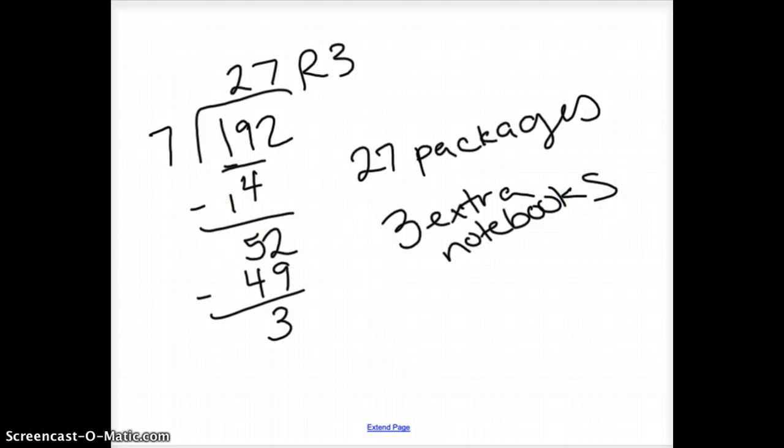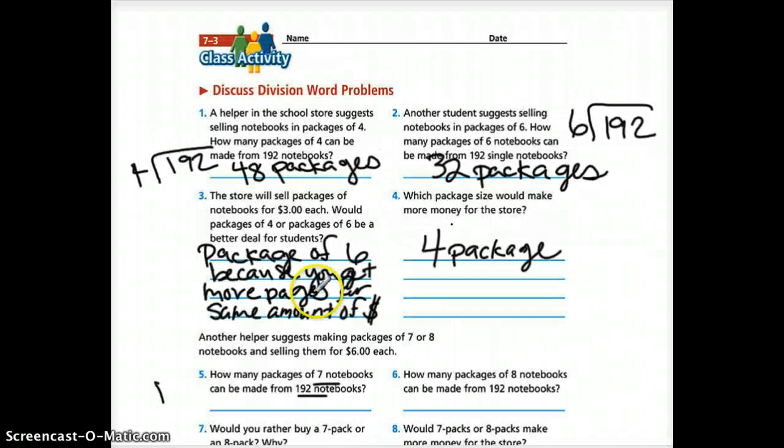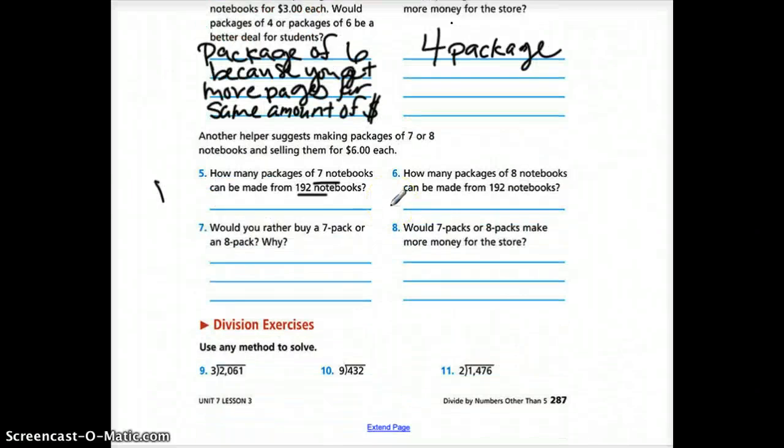So when I go back to my page, I know that I would have 27 packages. Okay, that 3 is an extra 3 notebooks, but we just want the package number.